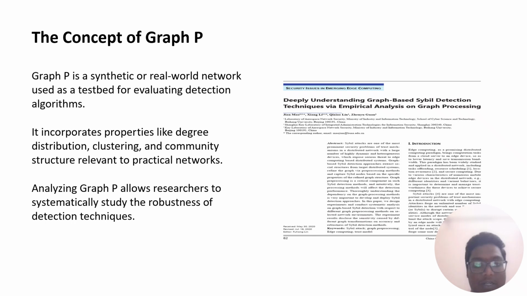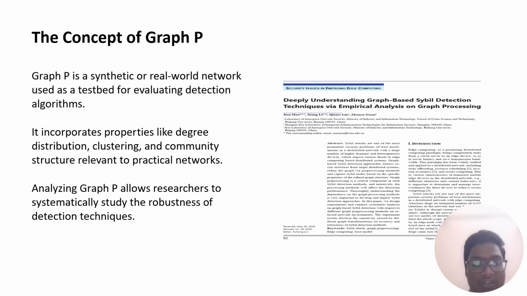Graph P, I will read in one second to understand quickly. Graph P is a synthetic or real-world network. Real-world network means we can use the network of many connections beside our home or in another country, another mandal, another district or other states, used as a test bed for evaluating detection algorithms.